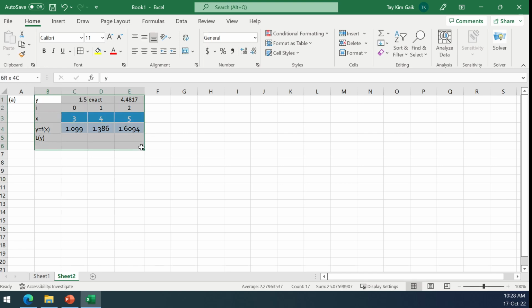Now if we use the inverse interpolation formula, L is a function of y, and I can calculate the error.